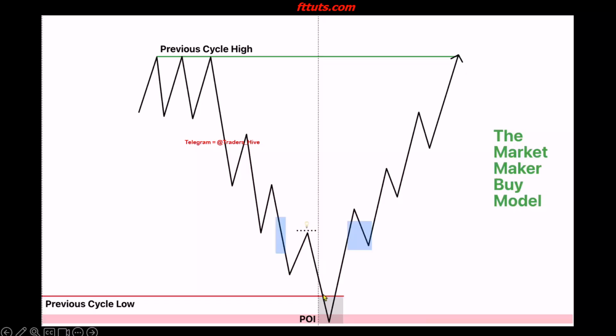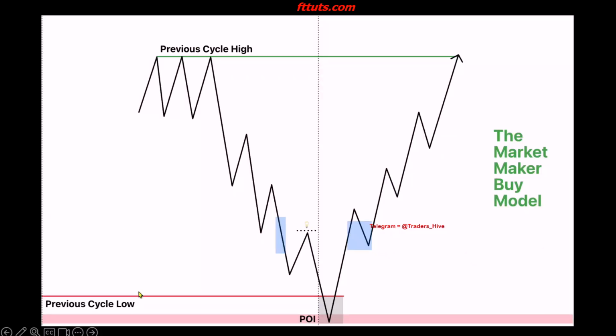We break outside of the range and we trade back into it. And we don't only just trade back into it, we trade above the first quarter. And once that's established, that's a sign of CSD taking place. It's a sign of price trading back into the range of the previous cycle low to previous cycle high. That's something for you all to investigate.